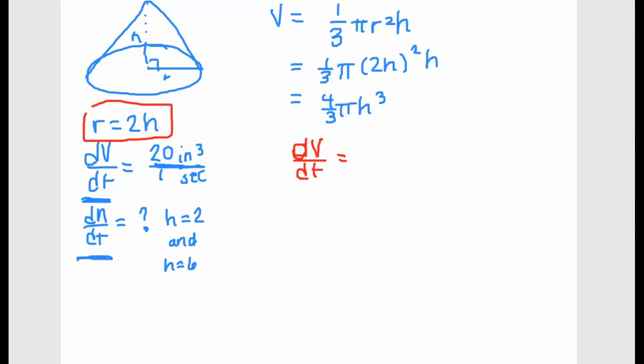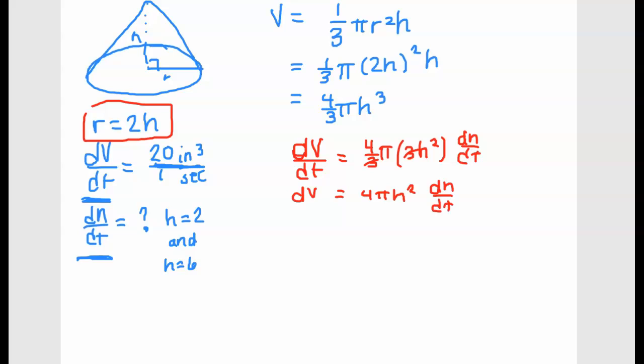Derivative of volume becomes 4/3 pi times 3h squared dh/dt. So my 3's can cancel. So dV/dt is 4 pi h squared dh/dt.